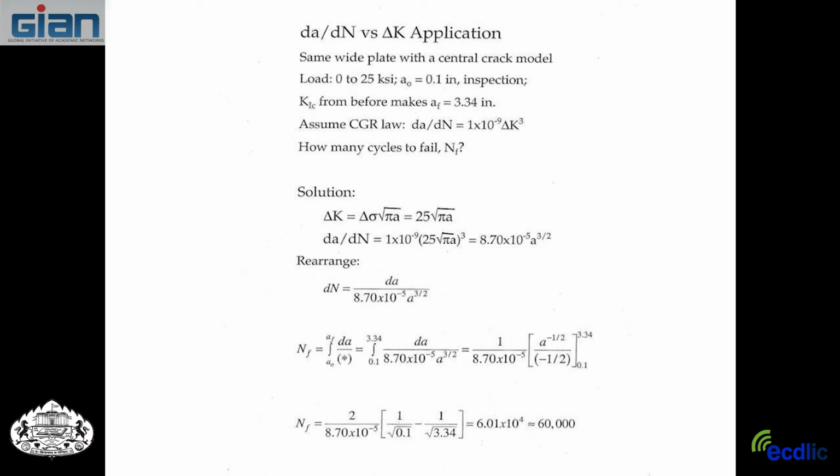So then you're evaluating, bring the 2 up here, over 8.7 times 10 to the minus 5, 1 over square root of 0.1, minus 1 over square root of 3.34, and you get a number, 60,000. So the da/dN delta K method allows you to get quantitative values.